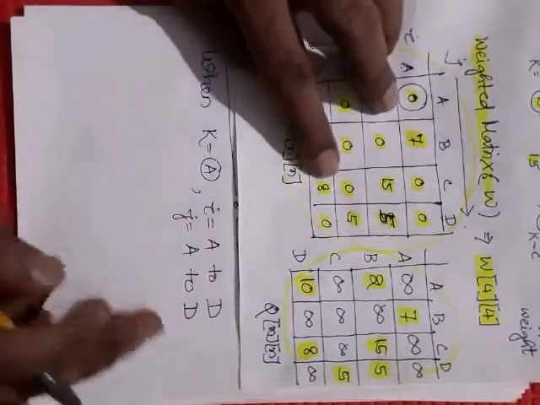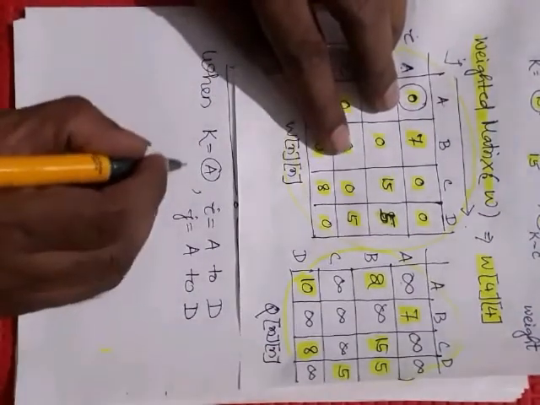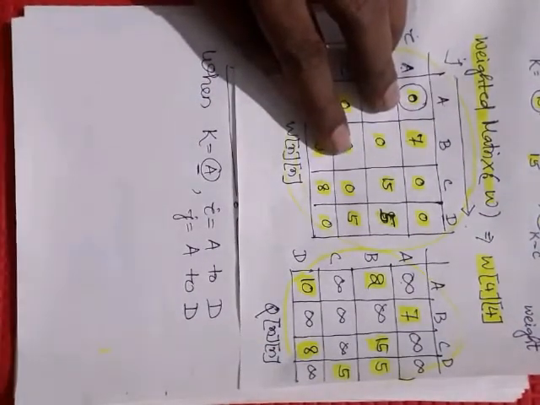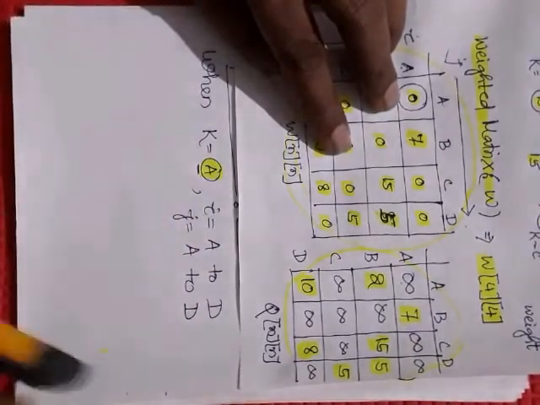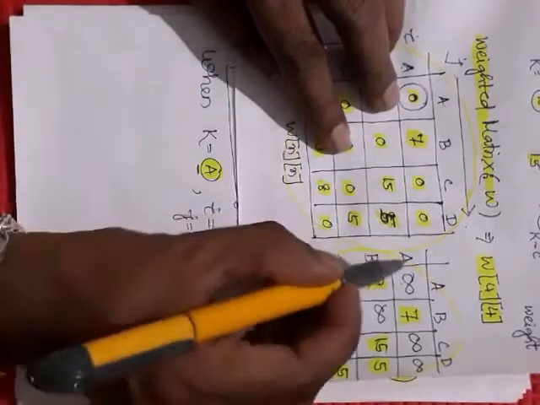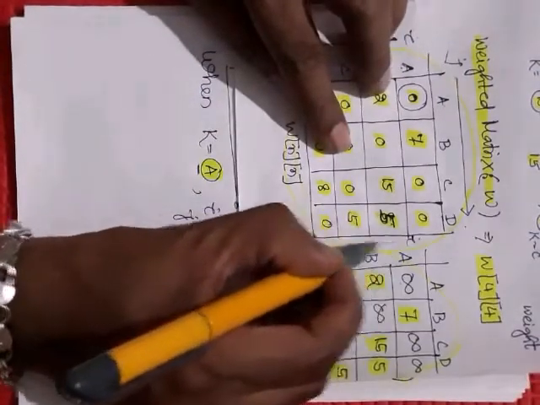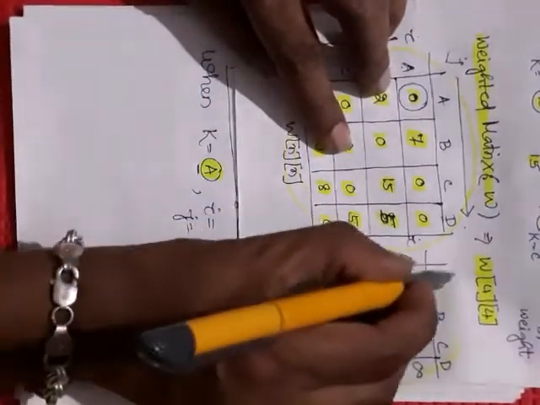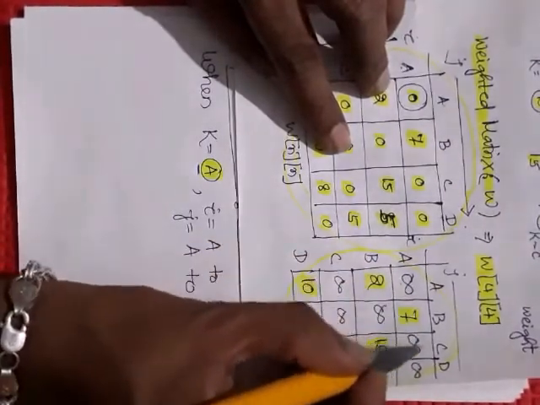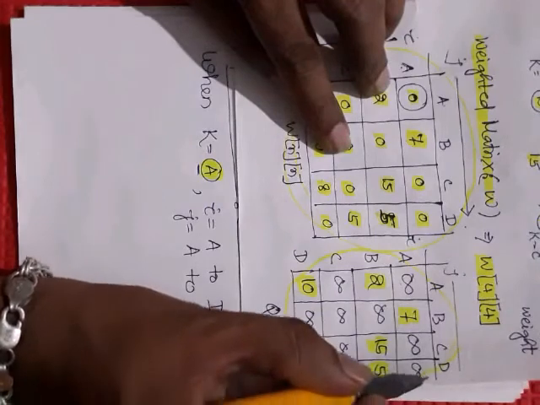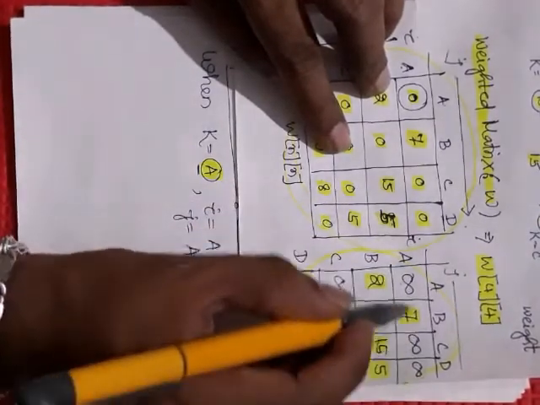Here we can observe that when k equal to intermediate vertex a, i goes from a to d and j goes from a to d. So between every pair of vertices, using intermediate vertex a, you will be finding the distance.